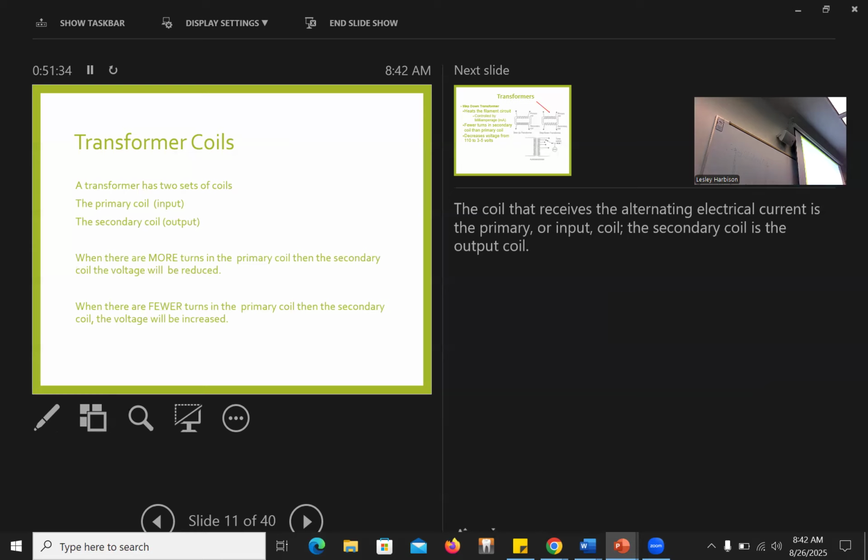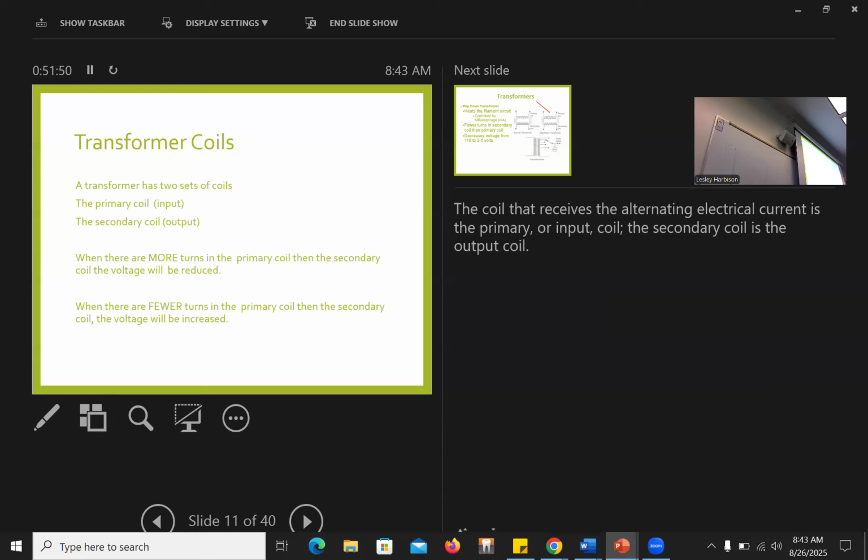For those of you who couldn't see that one very well, I'll do this one over here. On this side we have another transformer. It's an iron core, and we have lots of pictures of it coming up.